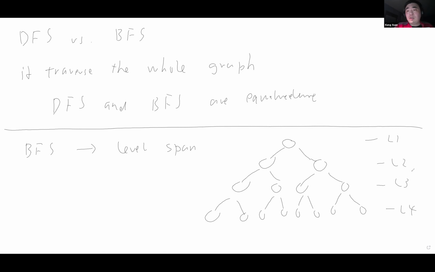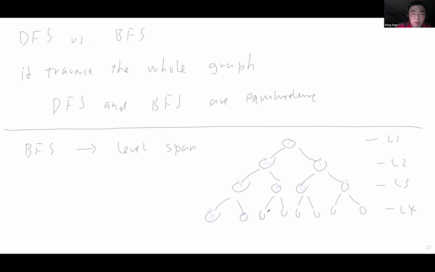So BFS has one of these properties: it starts with level 1. It will not expand to the next level without exhausting every node in the previous level. Essentially, if I'm writing out the ordering for this one, it might look like this: this is 1, this is 2, 3, 4, 5, 6, 7, 8, 9.